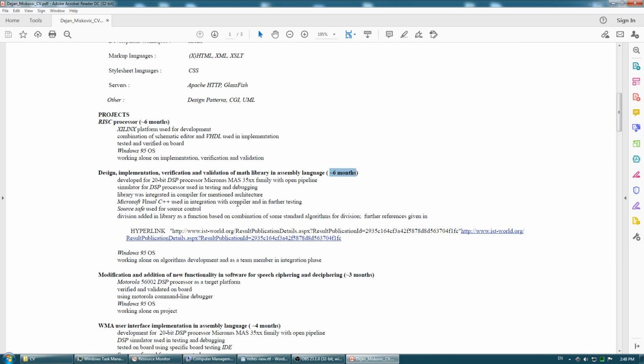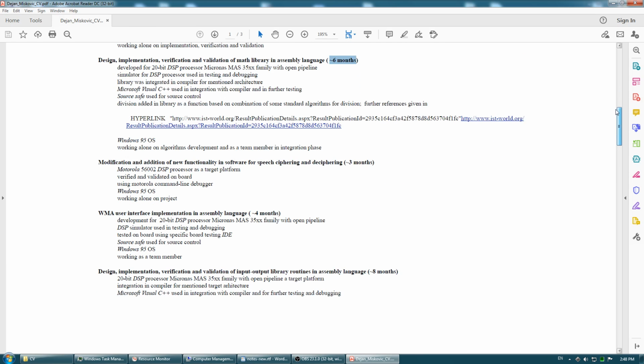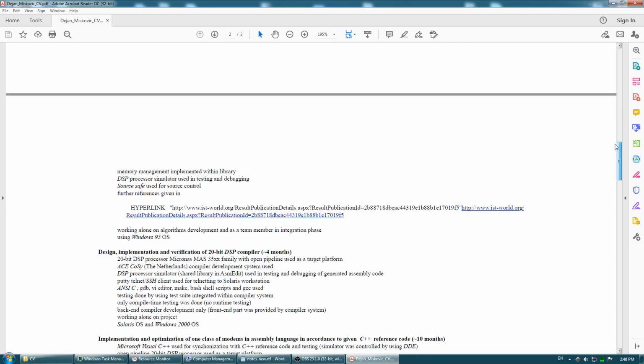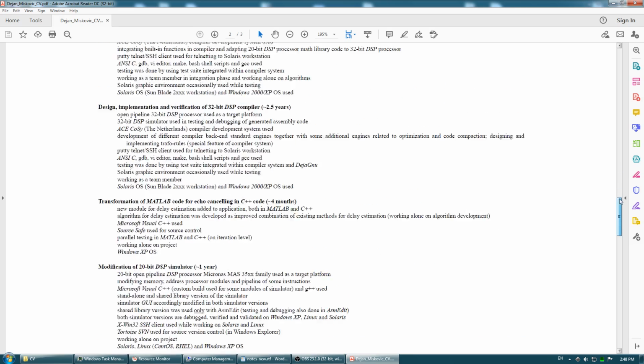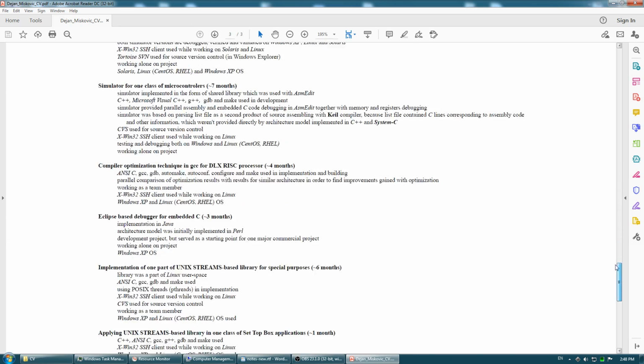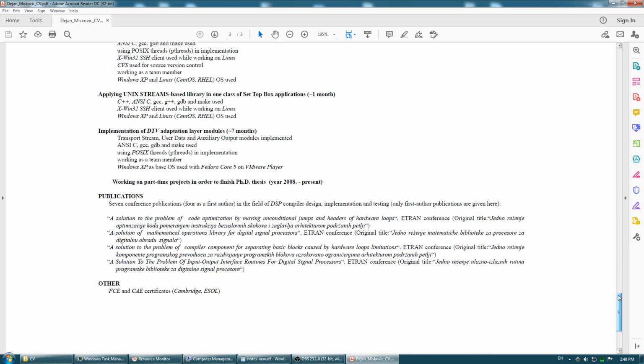Then the tools, whether I worked as a part of the team or not, and so operating system, and so on and so on. In which phases I was engaged at, etc.